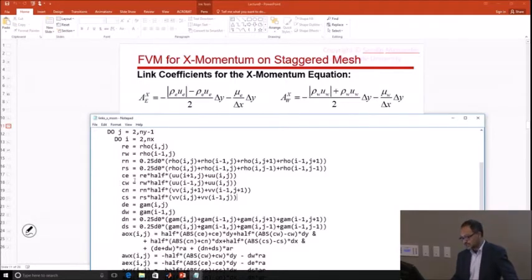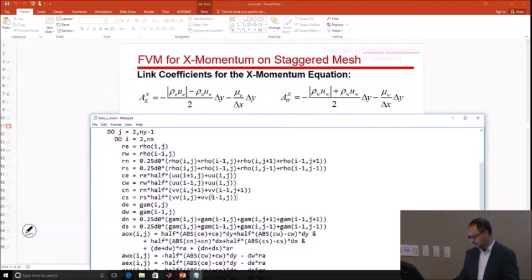So the C east, C west, C north, C south is nothing but these guys, rho times U or rho times V computed appropriately. Remember you had that northwest plus north type of formulas, and that's what you see here.